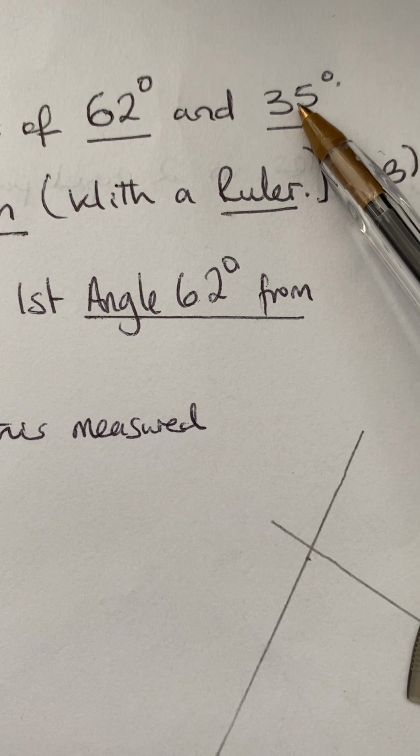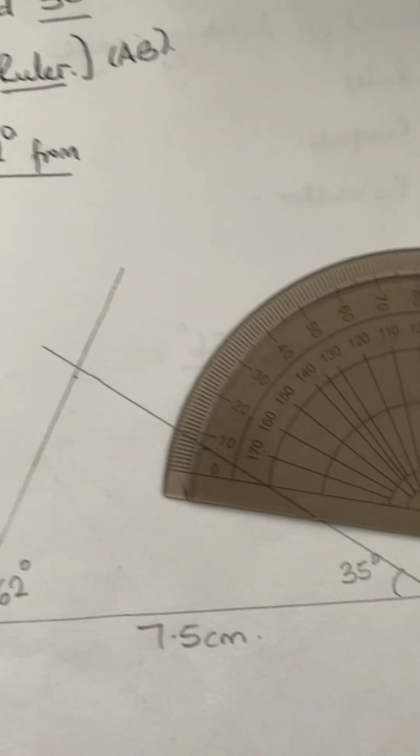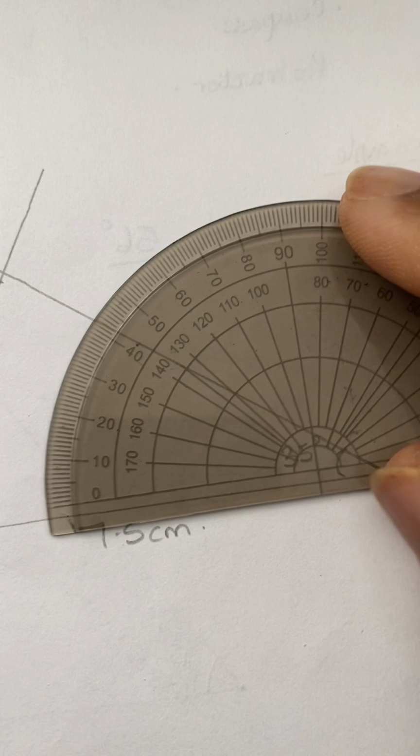Now the second angle is 35 degrees. So this is where it becomes tricky.